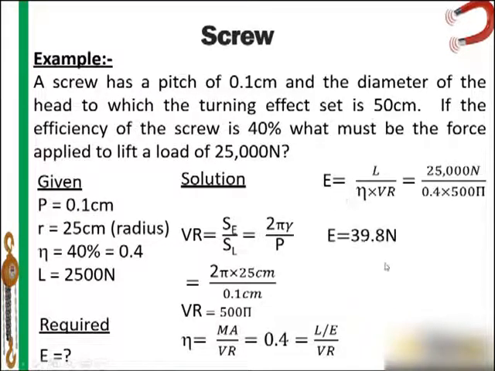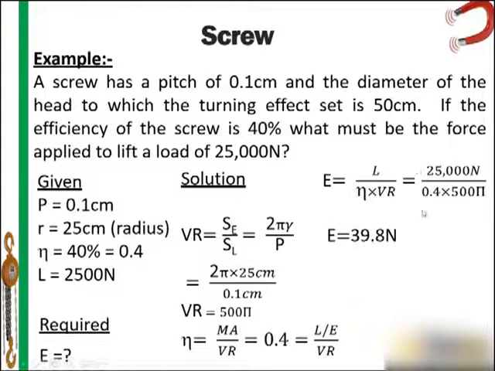Now, if we rearrange this expression in order to make E, the effort, the subject, then what we get is E is equal to the load divided by the efficiency multiplied by the velocity ratio. And if we substitute in what we know from the question, we know that L is 25,000 newtons, and we also know that the efficiency is 0.4, and we've calculated the velocity ratio to be 500 multiplied by pi.